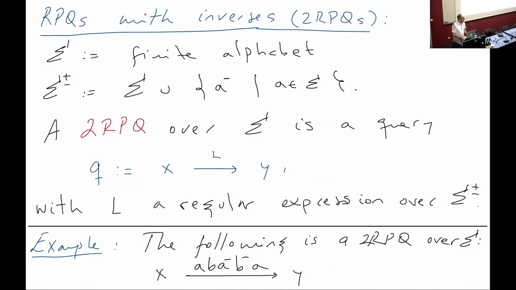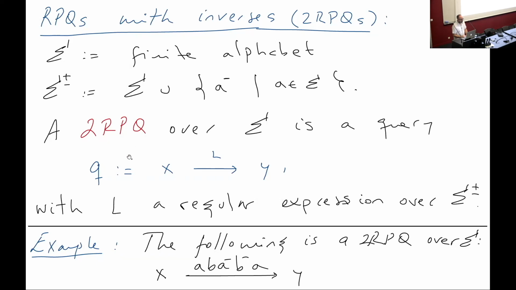So this gives rise to the idea of defining regular path queries with inverses, or two-way regular path queries, which we denote by 2RPQs. So we have a finite alphabet, and what we are going to do is to complete this alphabet with all possible inverses, A minus.